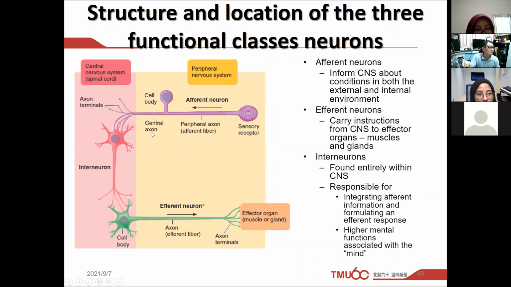One part we call the central axon, which is after the cell body and close to the CNS. They also have a sensory receptor, which can feel pain, cold, heat, something like that. The message is delivered from the sensory receptor to the cell body, and eventually to the CNS.